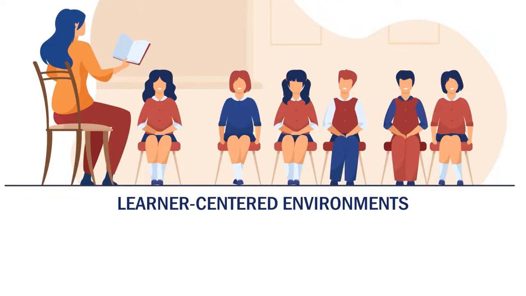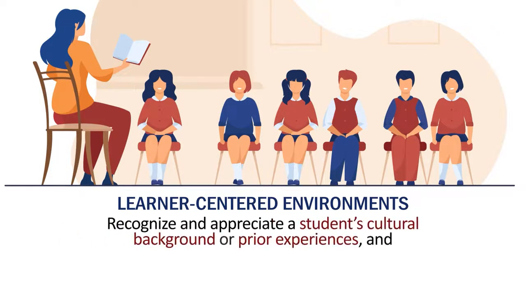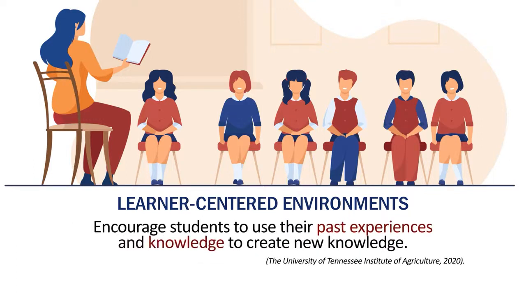So, 3 things. In learner centered environments, teachers have to pay attention to knowledge, skill and attitude of students, and they have to recognize and appreciate student cultural background or prior experiences, and they have to encourage students to use their past experiences and knowledge. And I am sure you all are familiar with learner centered learning environment.